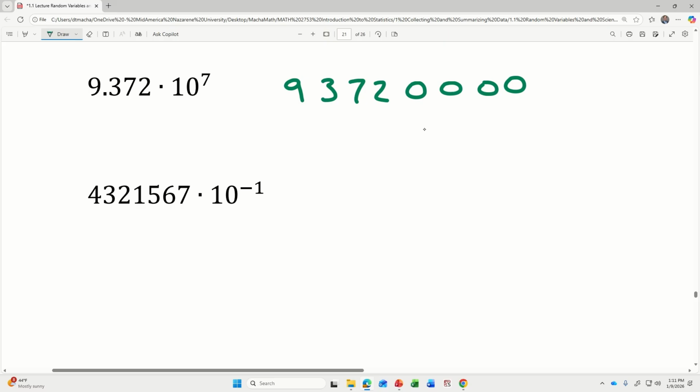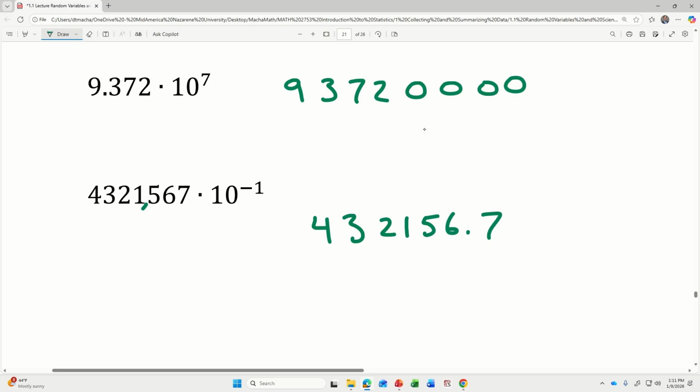And then what about this one? 0 point and the number. Yes. No. Sorry. It's not 0 point and then the number. 432,156.7. There we go. Yeah, got it right.